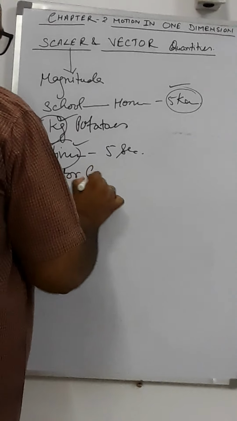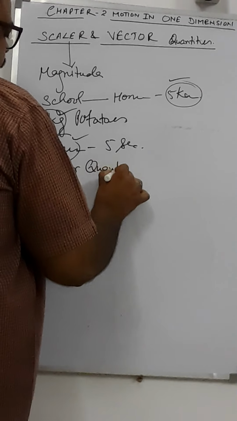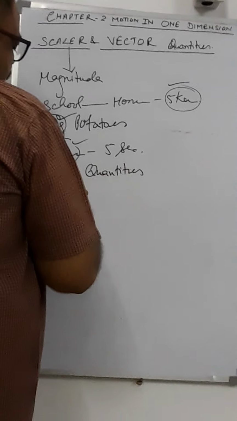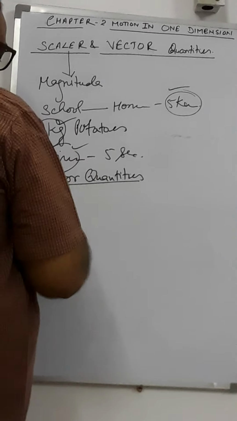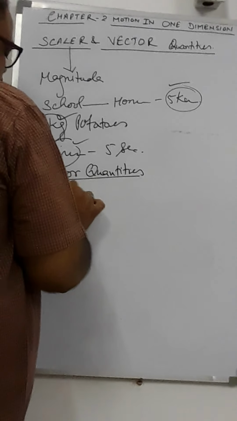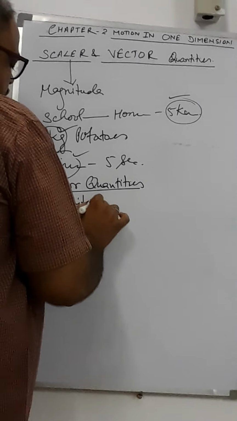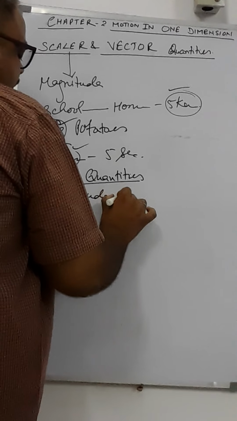Next are the vector quantities. Vector quantities are those quantities which have magnitude and direction also.